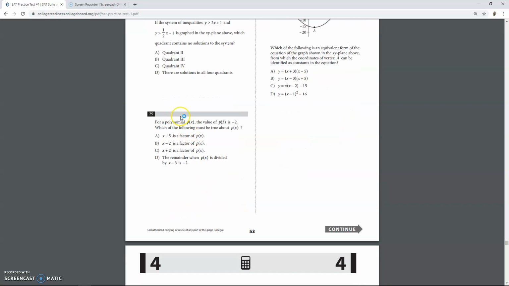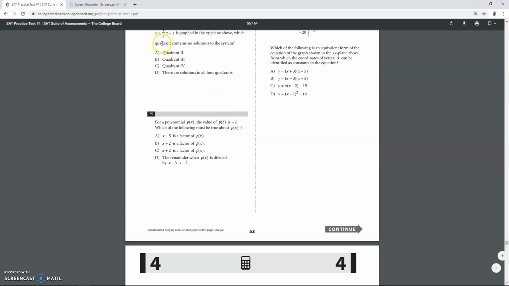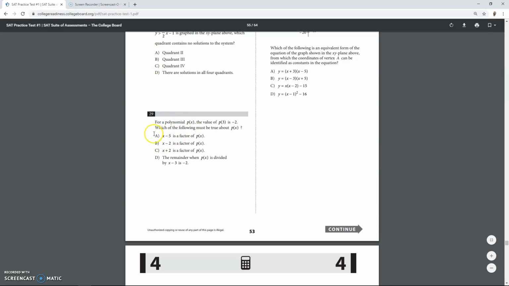For question 29, it says P of 3 is negative 2. And so we need to know what must be true about P of x. It means when we put 3 into x, the answer will be negative 2. And so we can go through all the answers.